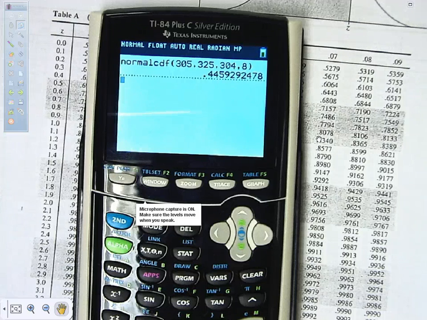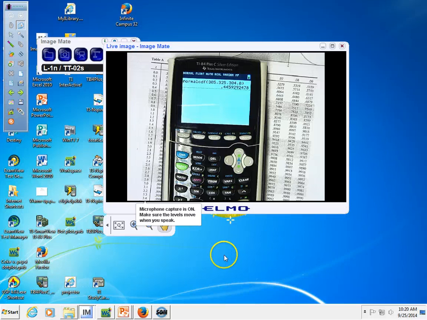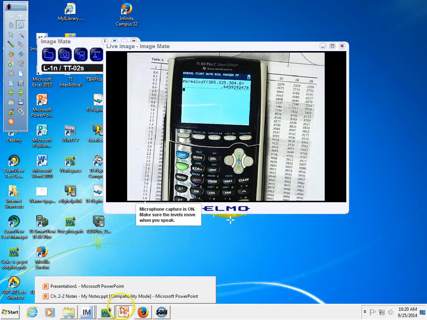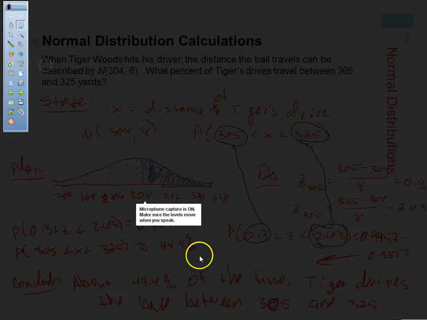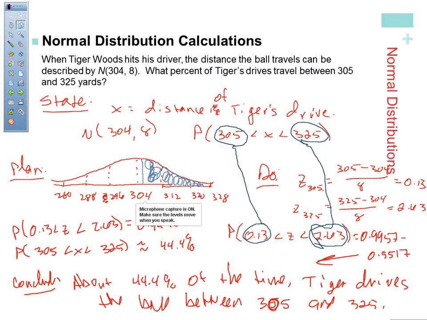Now you don't have to get into Table A if you don't want to. Okay? Compare the 44.5929 to what we got here, which was 44.4.